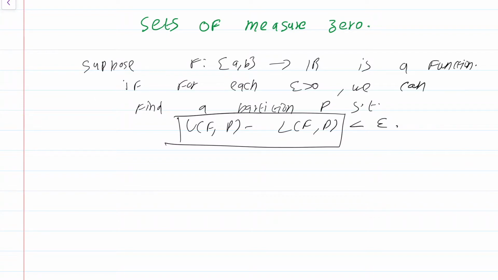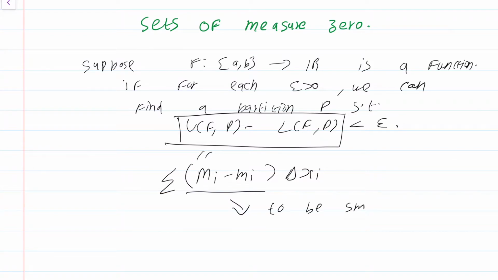In other words, if you rewrite this as the sum of (capital Mi minus small mi) delta xi, we want this quantity to be small. If this quantity is always large, then it doesn't seem like it would be possible to make this entire summation small.